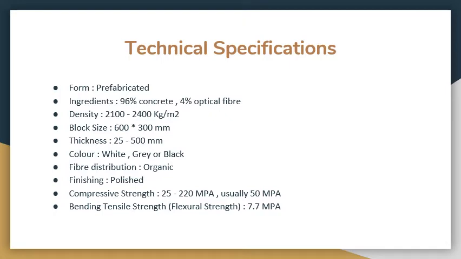Thickness ranges from 25 to 500 millimeters. Color should be white, gray, or black. Fiber distribution, organic. Finishing, polished. Compressive strength from 25 to 220 MPa. Usually it's 50 MPa. Bending tensile strength, flexural strength 7.7 MPa.